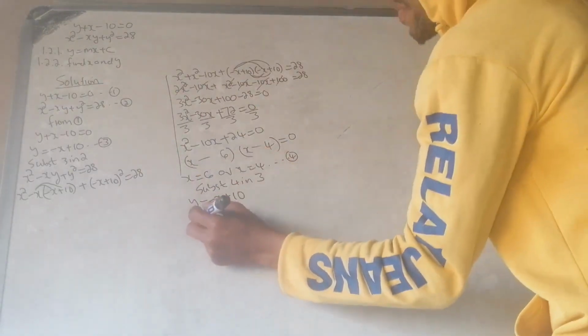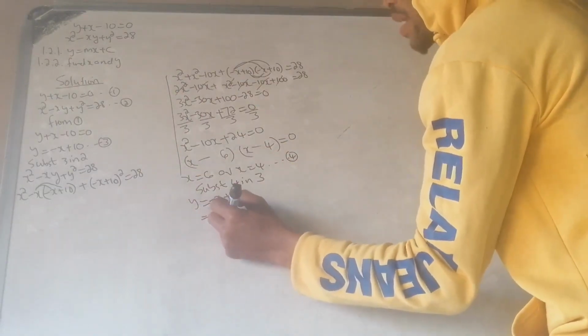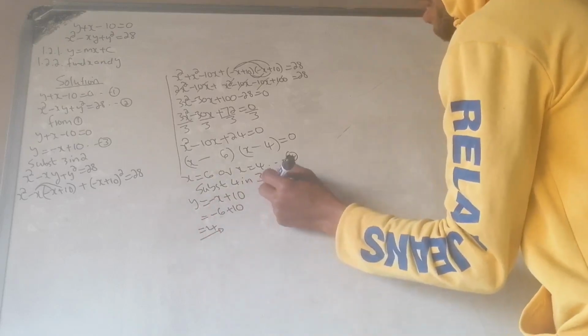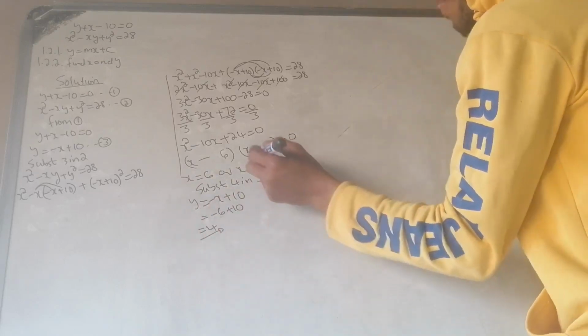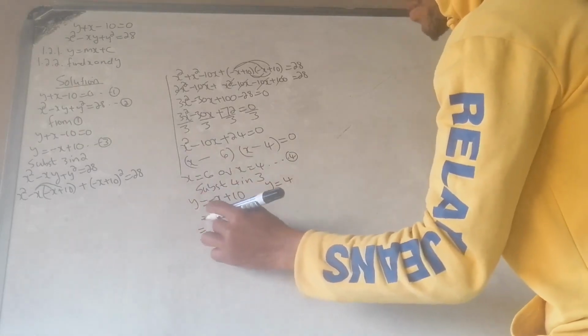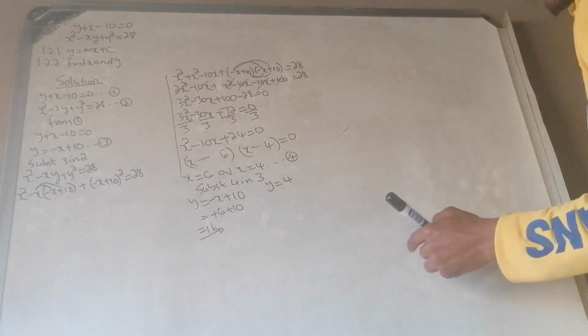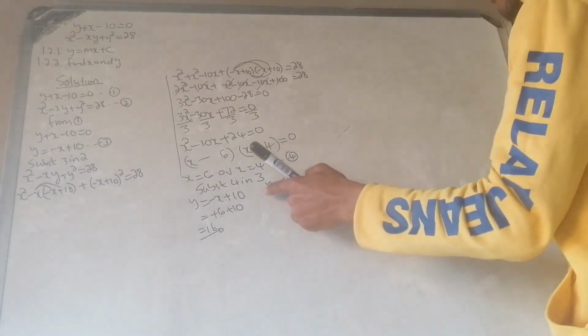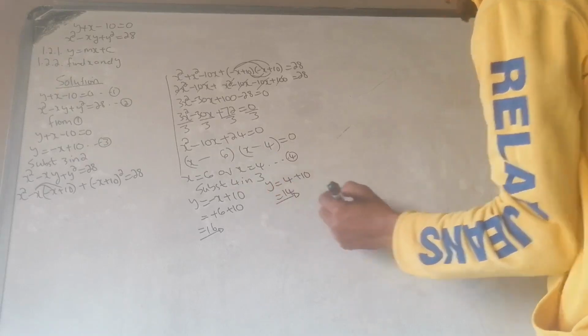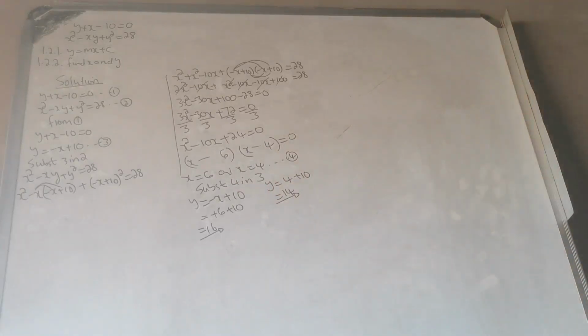I will take the first value: minus 6 plus 10, which is 4. The second value will be 4, so minus 4 plus 10, which is 6. So I have y equals 4 and y equals 6.